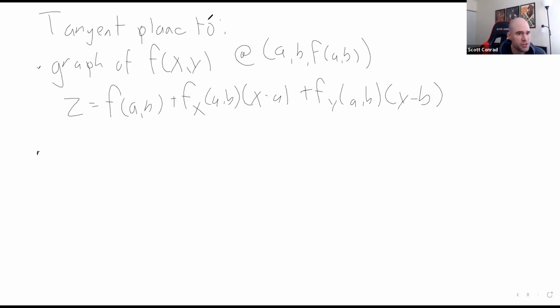So the graph of a function of two variables, the graph of f(x,y), is just the surface z equals f(x,y). Right?